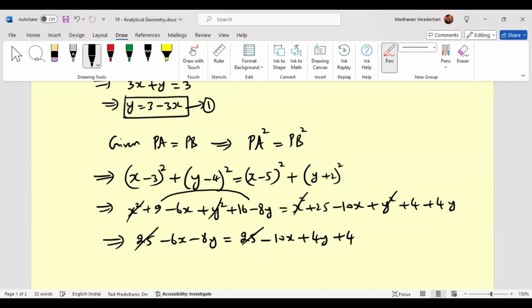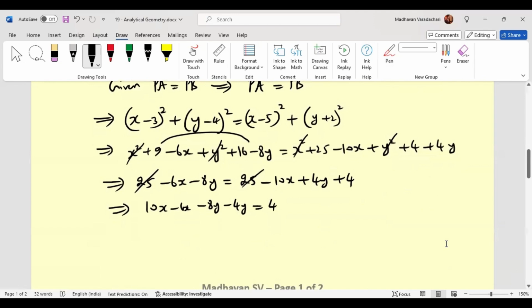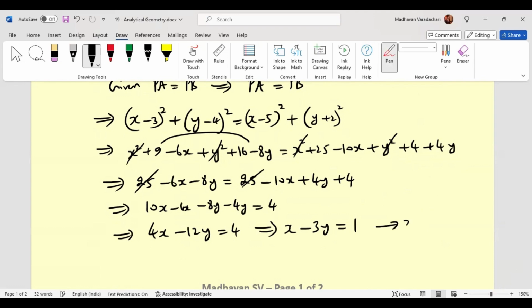Let us cancel 25 on both sides. Now bring all those things to the x coefficients and y coefficients. We will bring it to the left hand side. So you get 10x minus 6x minus 8y minus 4y is equal to 4. Right. So that becomes 4x minus 12y equal to 4. Simplifying this by dividing both sides by 4, we get x minus 3y equal to 1. Let us call this as third equation.